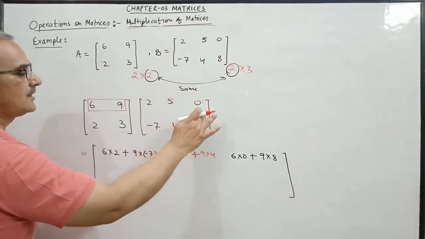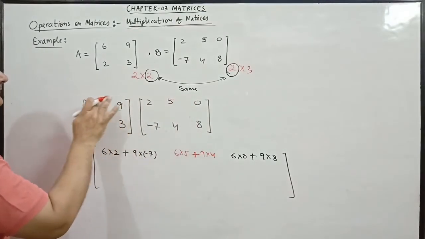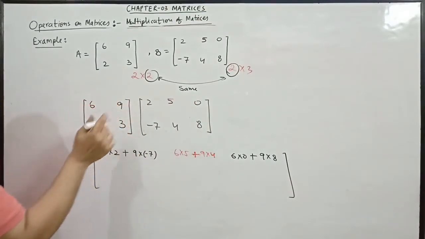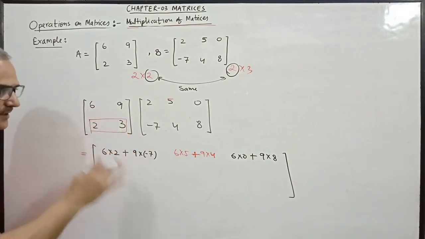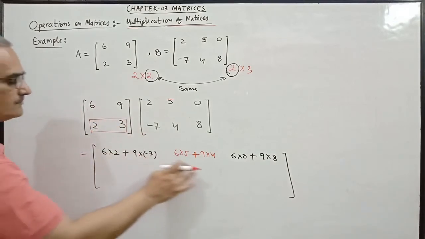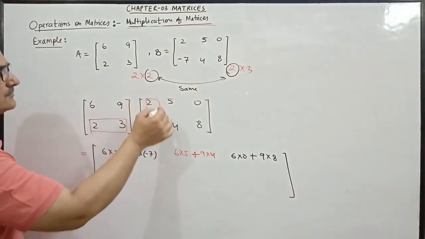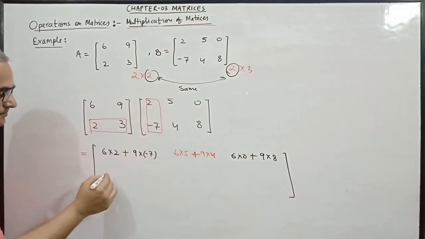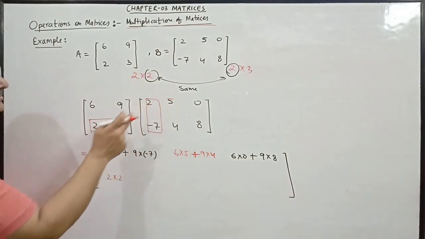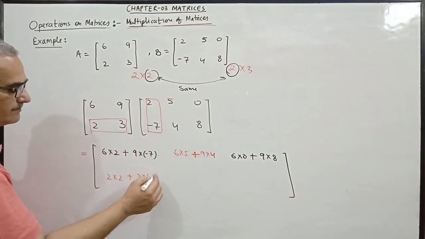So now what do we have to do? We have to repeat the same with row 2. We take row 2 here and repeat the same act that we have done here. So the element of the first row multiplied by the element of the first column: 2 into 2 and then 3 into minus 7, and we have to add them.